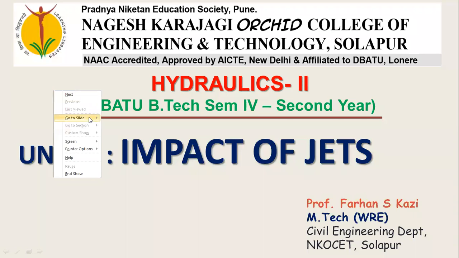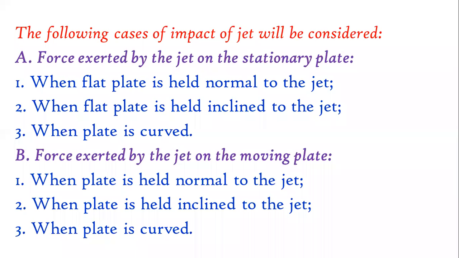Now, we are going to consider the following cases of impact of jet while we are studying this unit. There are two important headings under impact of jet. One is A, that is force exerted by the jet on the stationary plate.